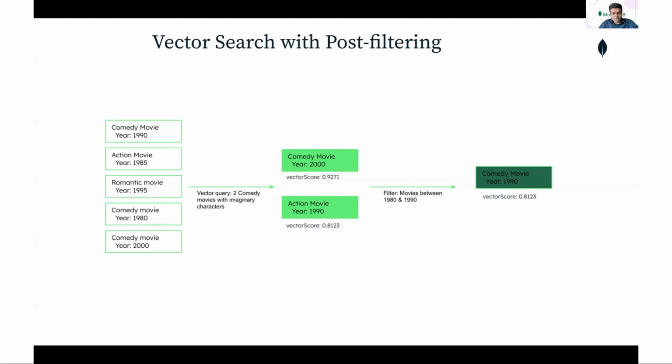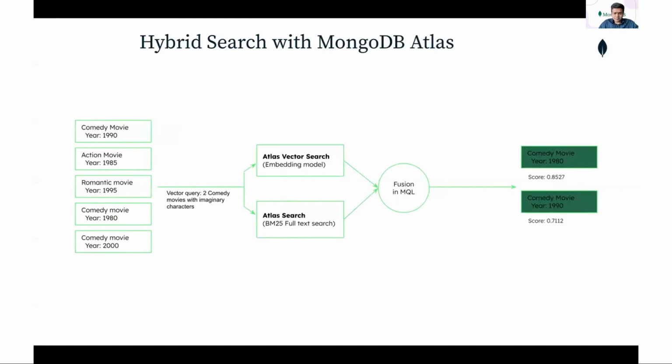And this is a sparser result because our vector search query, based on the embedding model, got other movies which were not in the 1990s and 80s, resulting in a set which was less than what was intended. So those are the ways you can think of pre-filtering, post-filtering, and how it leads to different results.